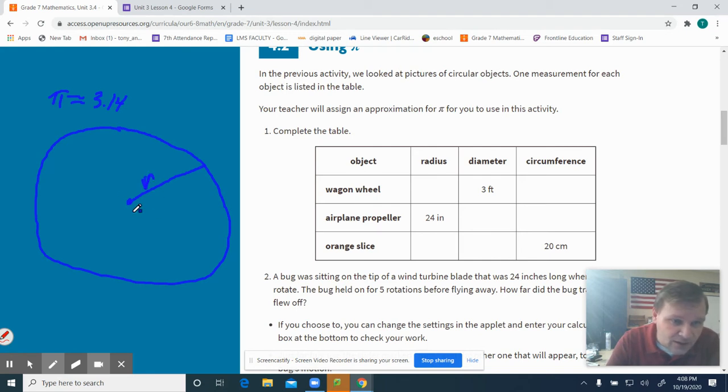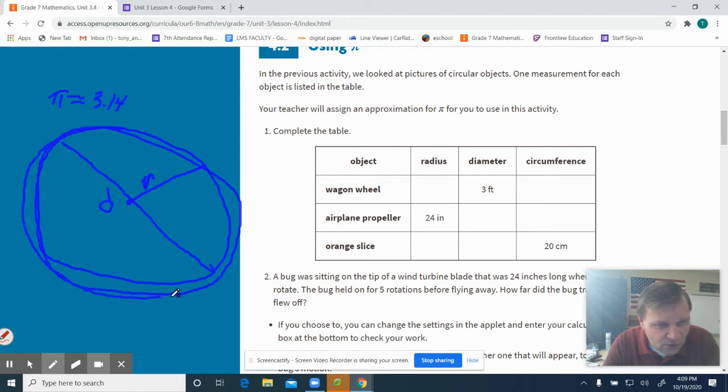If it goes from side to side through the center, that is our diameter. This is a review of things that I know you already know. And circumference is that distance around. Those are some basic terms that we need to know.